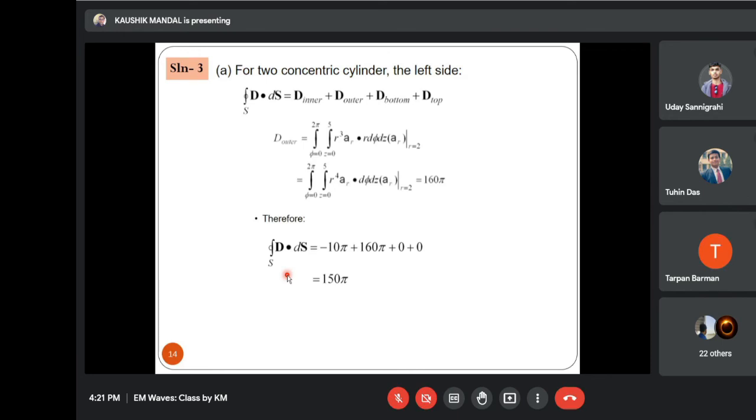For each and every surface, you have to consider the inner surface, outer surface, bottom surface, and the top surface of the cylinder. For the outer surface, phi goes from 0 to 2 pi, outer means r equal to 2, and z extends from 0 to 5. So you can find this D outer in that way.